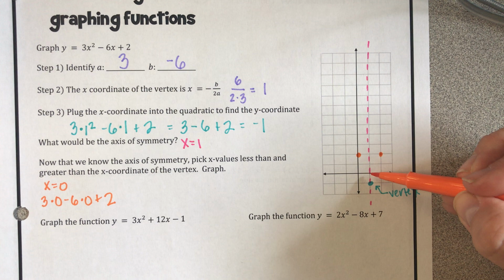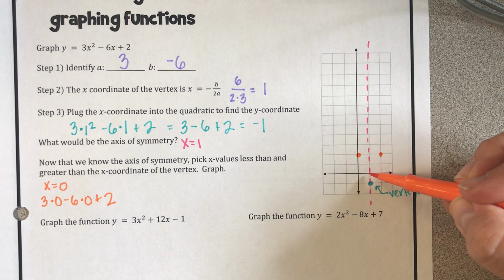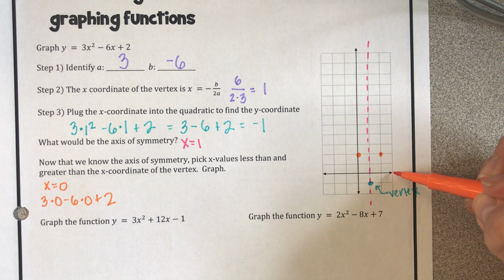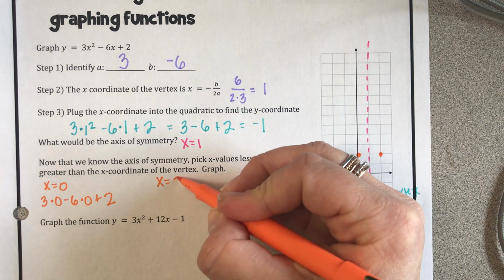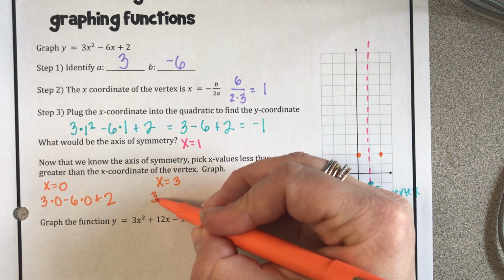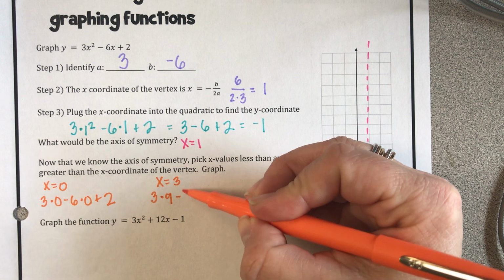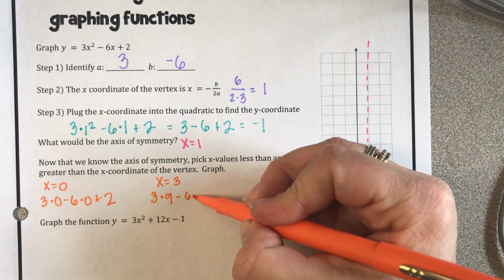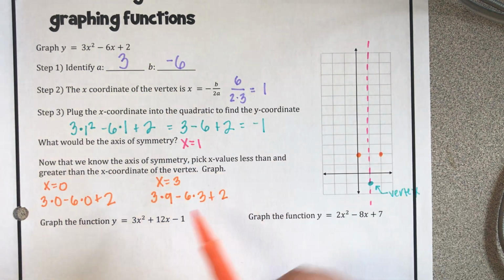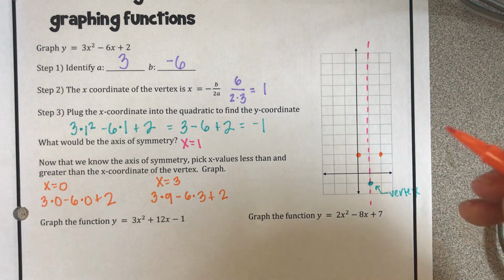Now if I wanted to go 2 to the right, that's going to be an x value of 1, 2, 3. So what if I plug in x is 3 into my quadratic? I'm going to get 3 times 3 squared is 9, minus 6 times 3 plus 2. So 27 minus 18 is 9, plus 2 is 11.